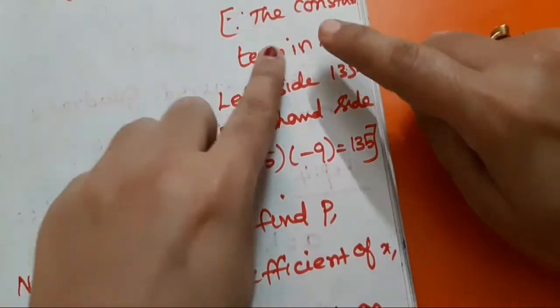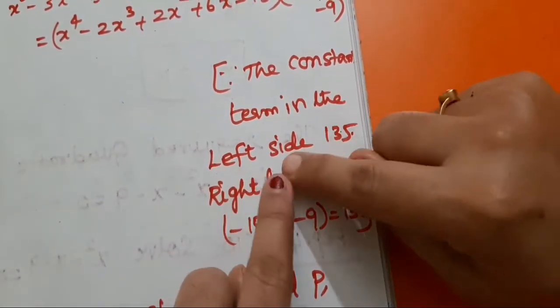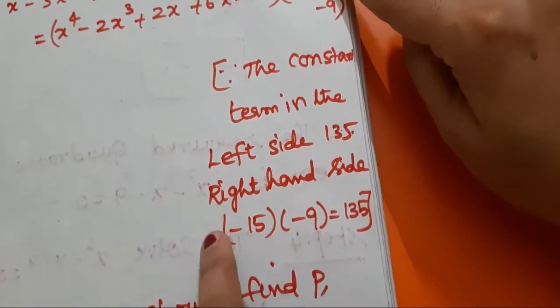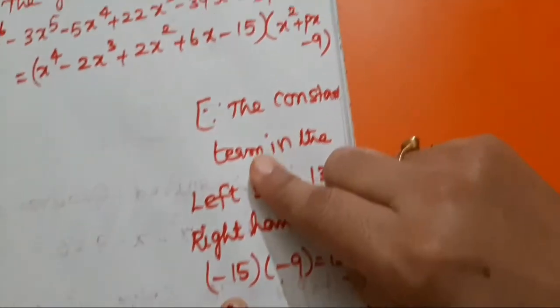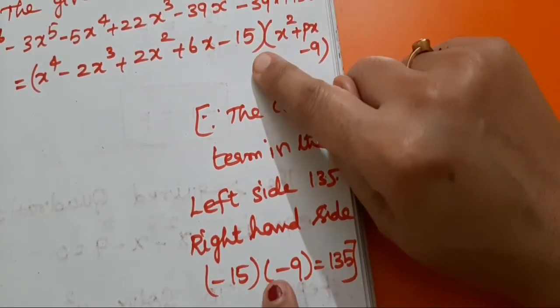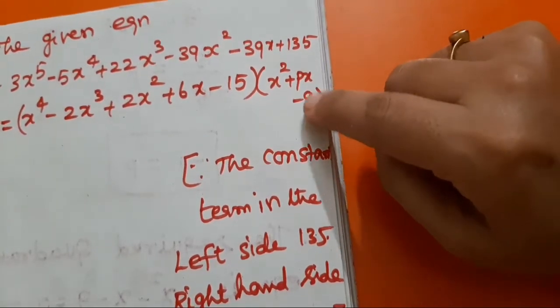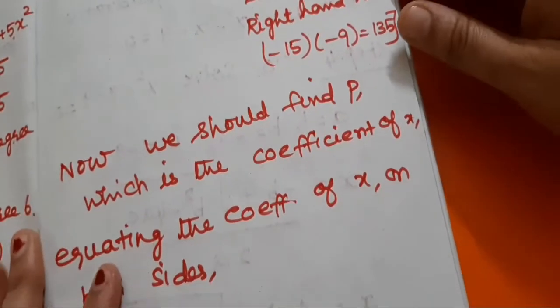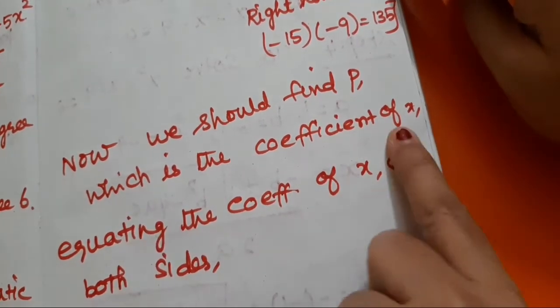Here I have given the explanation. The constant term on the left hand side is 135. On the right hand side, minus 15 alone I am having. So minus 15 with which number will give you 135? Minus 9 will give you 135, so I am writing minus 9 here. Now we should find p, which is the coefficient of x.